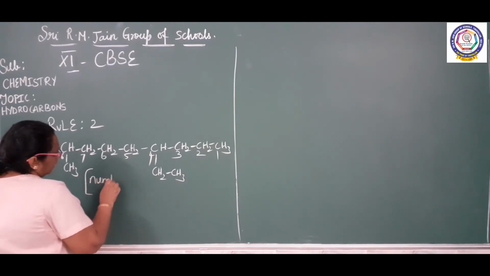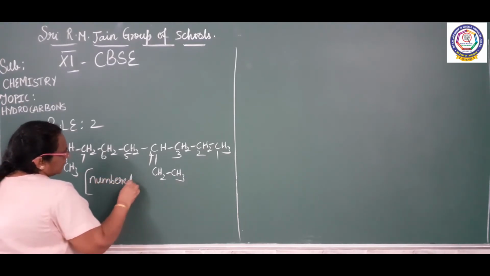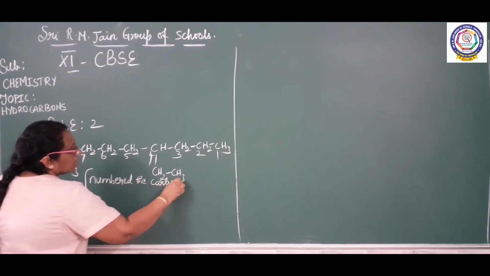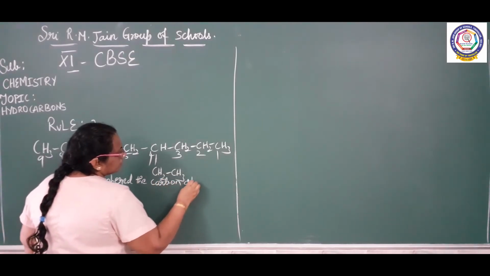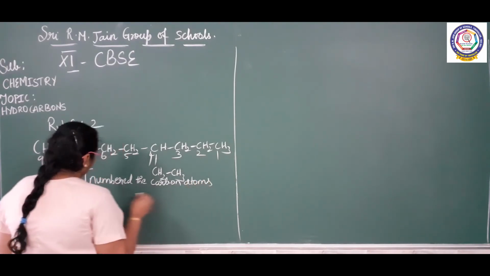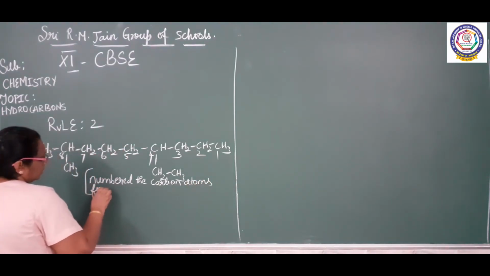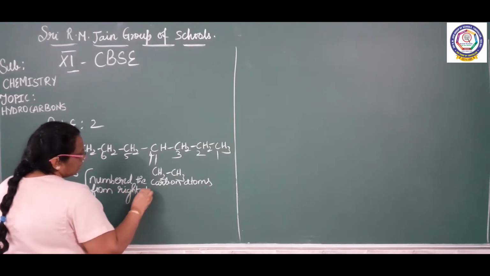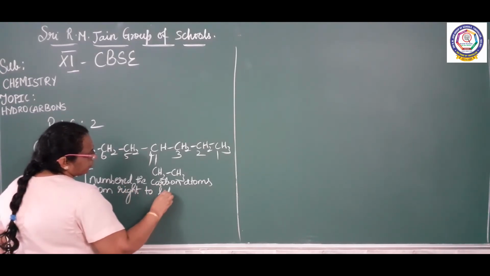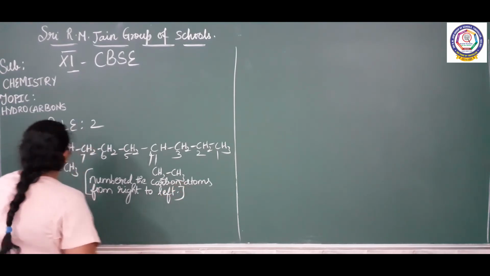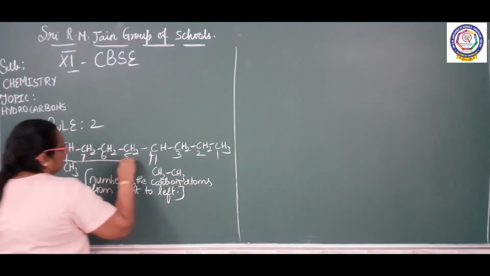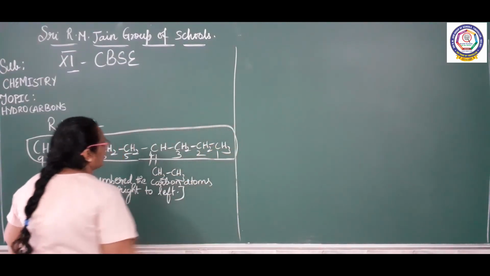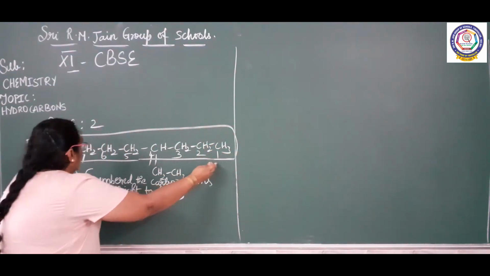In the previous case, it was from left to right. Now I have numbered from right to left. So this is my chain, where I have numbered the carbon from right to left.